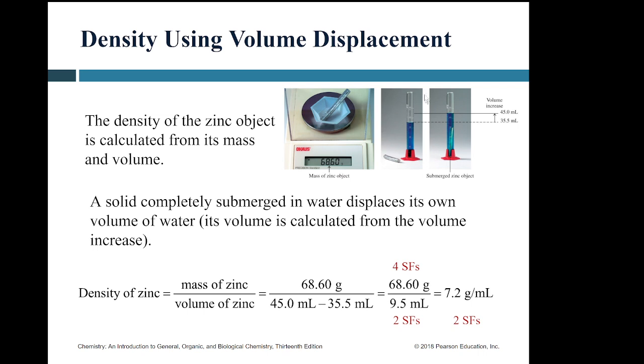When we drop this zinc rod in, it's right there, if you can see it. And then that difference in the volume is the volume of the zinc rod once you get all the bubbles to get off the surface, okay? You do have to tap it and get all those dang bubbles off because they do take up volume, right? Anybody know where this came from?